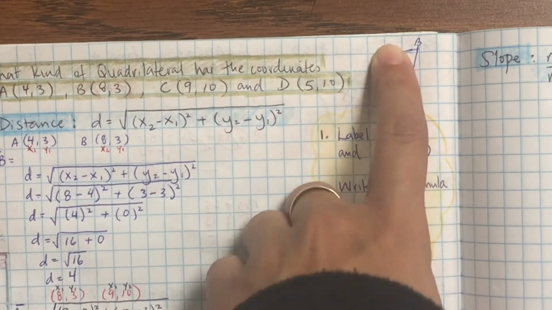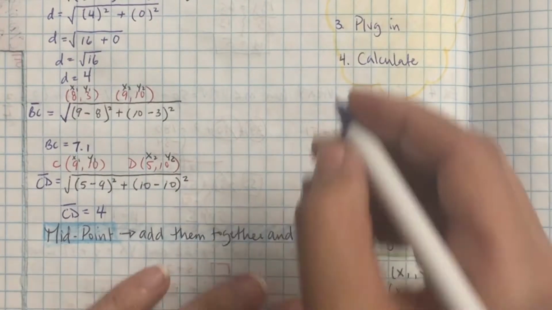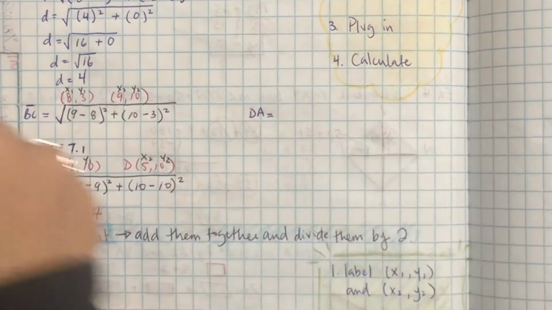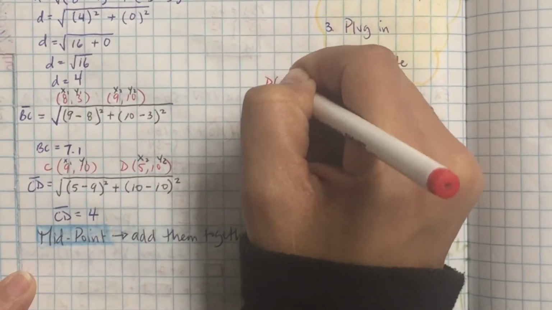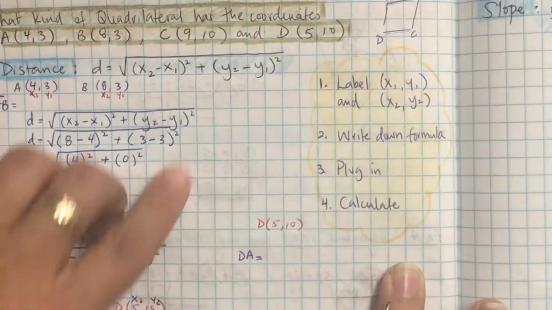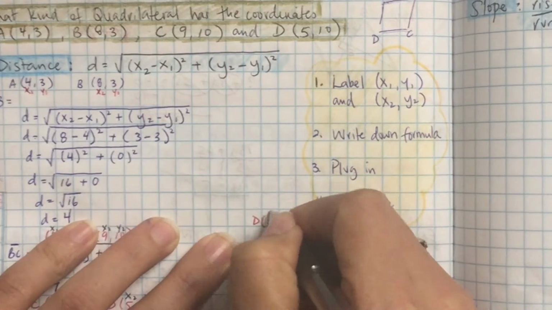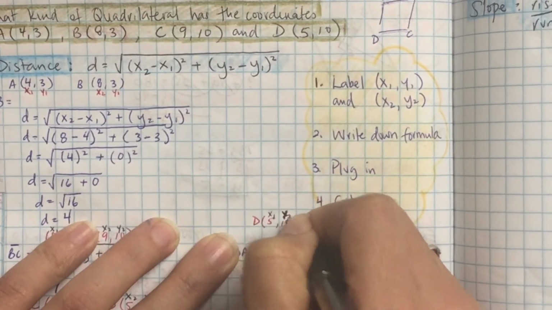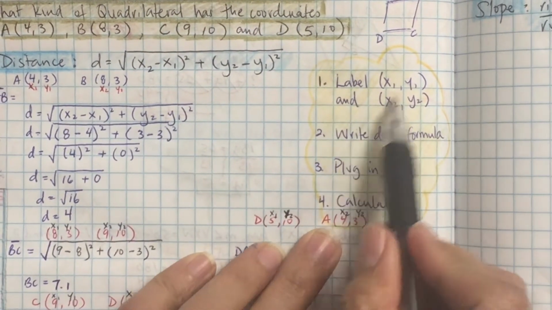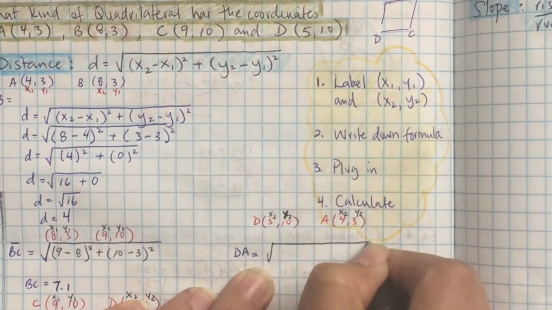Alright, last one, going back up, DA. So I need the coordinates for D and A, and I ran out of space, so I'm going to squeeze it over here. So write down the coordinates for D and A. Alright, again, label x1, y1, x2, y2, and you're plugging it in.